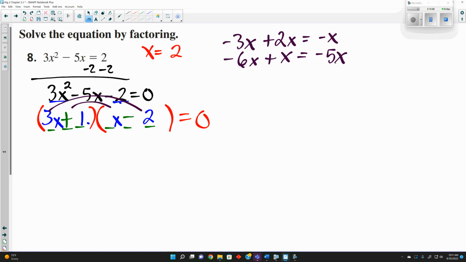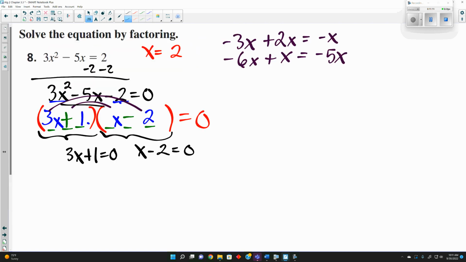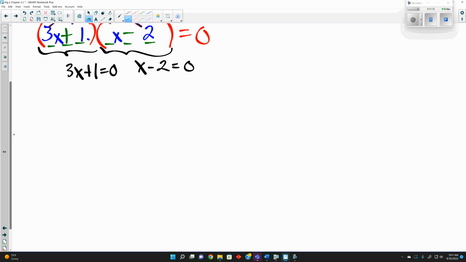Which means one of these two has to be 0. So 3x plus 1 is equal to 0, or x minus 2 is equal to 0. For this one here, we can subtract 1 from both sides, telling us 3x is equal to negative 1.